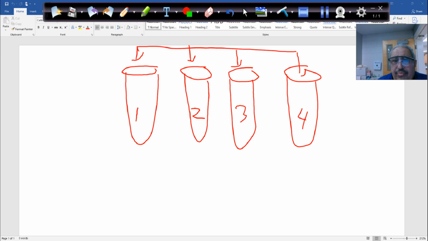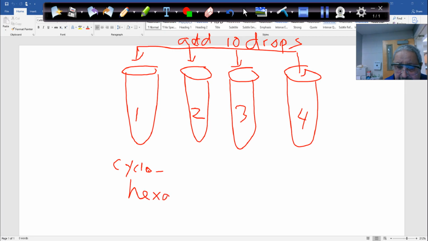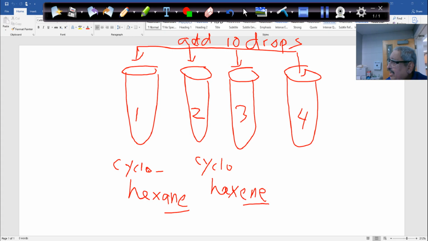So, add 10 drops of what? The first one here is cyclohexane, the cyclic alkane. The second one here, cyclohexene, ENE, that's cyclic alkenes.